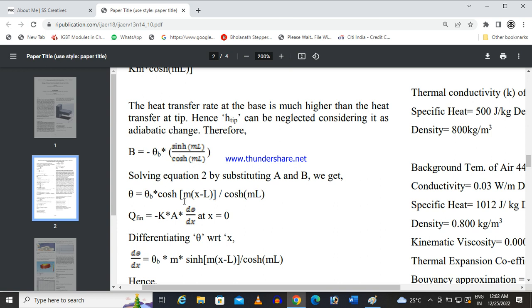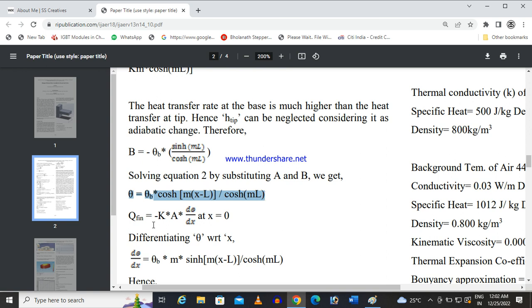Now if you substitute the values of the constants A and B, the instantaneous value of theta is equal to theta b into cosh m(L minus x) by cosh mL. So this is the solution.